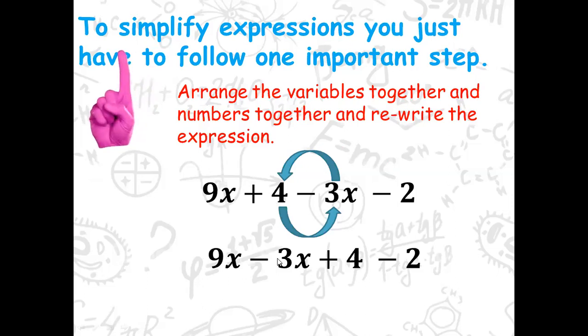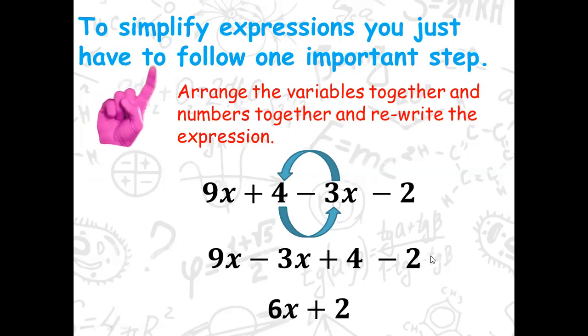What does 9x minus 3x give you? It's just like how you subtract or add numbers. Just forget the variables. 9 minus 3 will give you 6, right? So 9x minus 3x gives you 6x. Then plus 4 minus 2 will give you a plus 2.